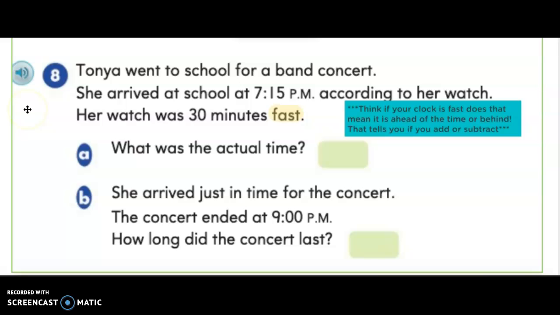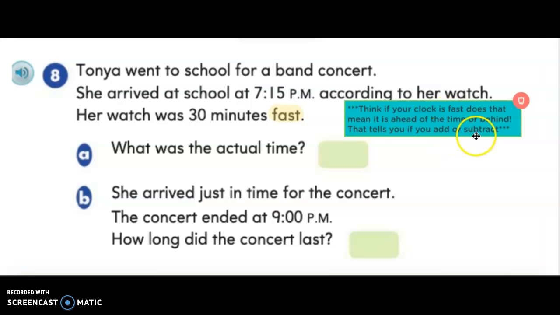And for number 8, Tanya went to school for a band concert. She arrived at school at 7:15 p.m. according to her watch. Her watch was 30 minutes fast, which means, and look at my little note, if your clock is fast, does that mean it's ahead of time or behind? So if it's fast, it's ahead.